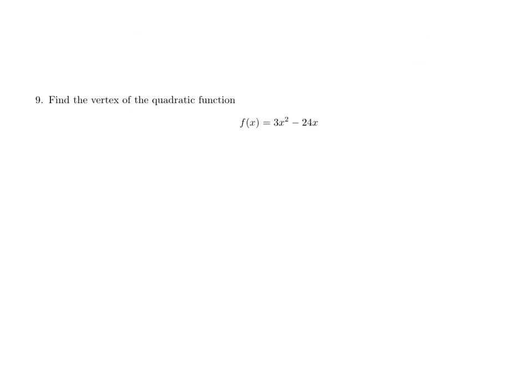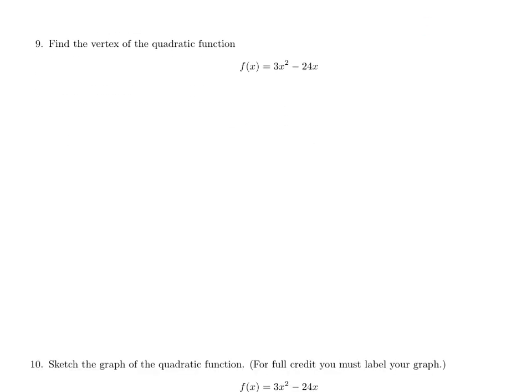All right, number 9. Find the vertex of the quadratic function. So the vertex you can find by completing the square and putting it into vertex form, or you can use the formula. The x value of the vertex is found by using the formula -b over 2a. Remember, b is in front of x and a is in front of x squared.